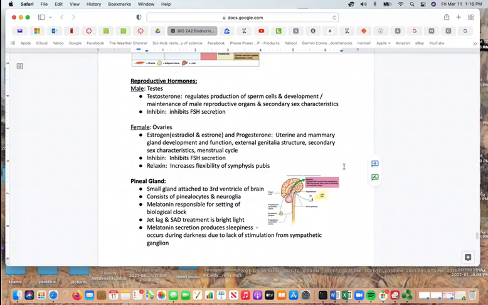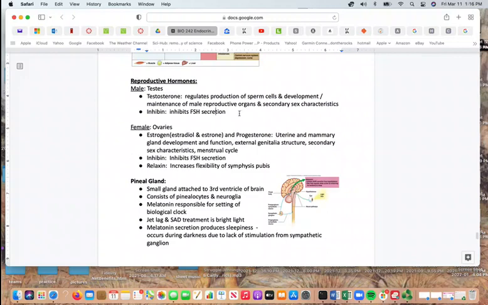So a couple forms of estradiol and progesterone. These will affect the uterine and mammary gland development and function. It will affect the external genital structure and then give secondary sex characteristics and also help to control the menstrual cycle. Inhibin is going to shut down FSH secretion.